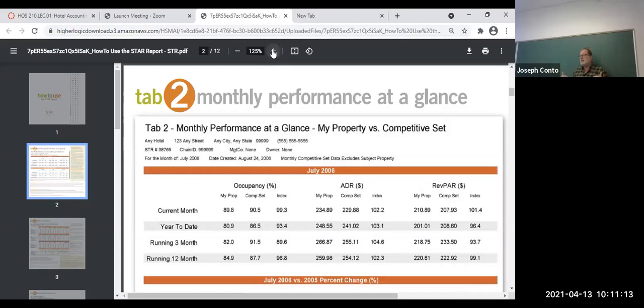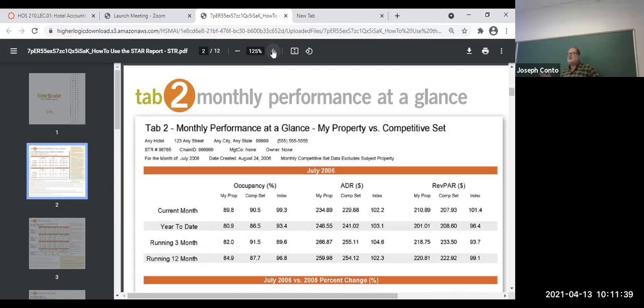Your own information plus information from people that you have placed in your competitive set. You take a look at all the properties in your area and you can choose, okay, these four properties are the most like mine. They're the ones I really want to know information about. They send it back and say, here's your information and here's everybody else's.